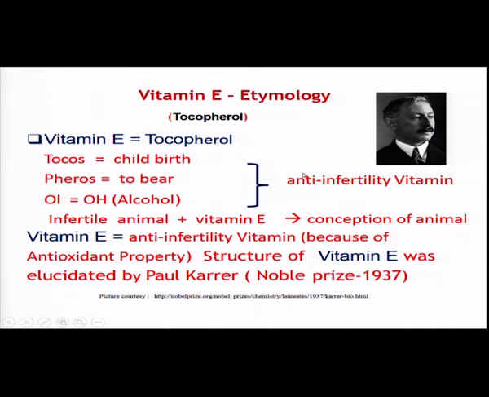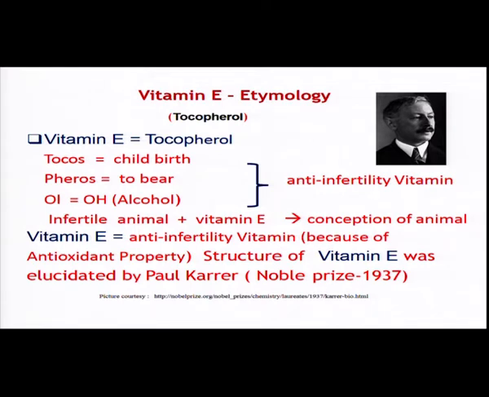Since an OH group is there, it is basically an alcoholic derivative. So, you consider vitamin E to be an anti-infertility vitamin. It was very interesting to note that whenever vitamin E was supplemented to those animal models, the mice and the rat models, when they were deficient in vitamin E and showed symptoms of sterility, the conditions could be reversed and made more fertile.